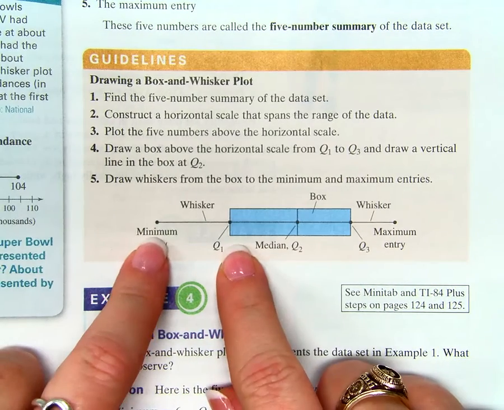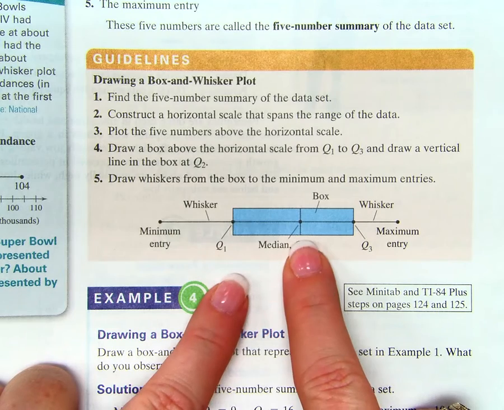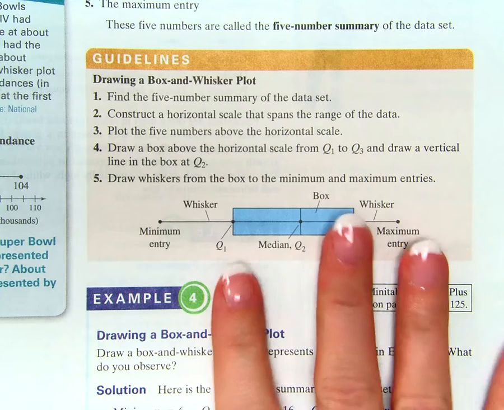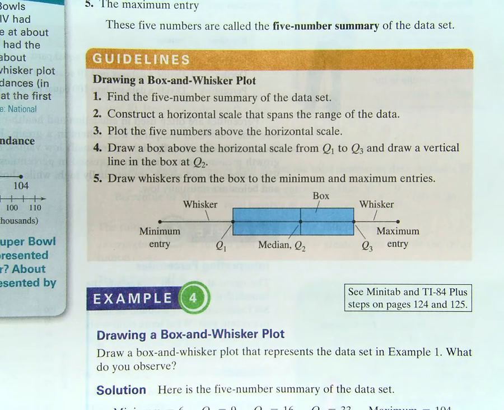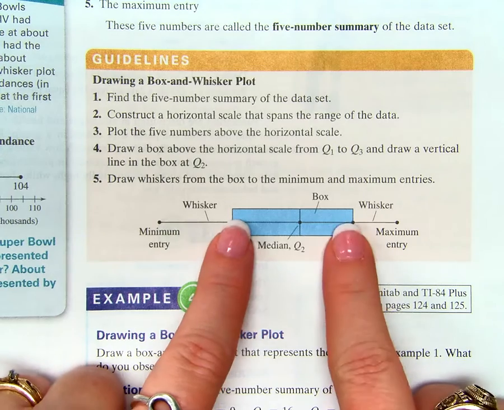Back to Box-and-Whisker Plots. Minimum, maximum, your two quartiles and your median. Okay? Now, you guys know me. You guys know what a visual learner I am, right? This lets me see visually the important features of my data set. Where is a lot of the data?